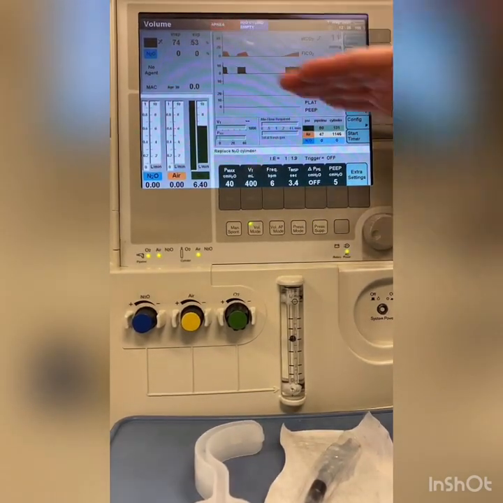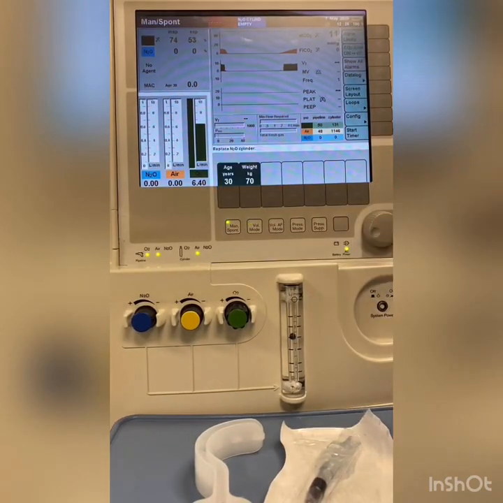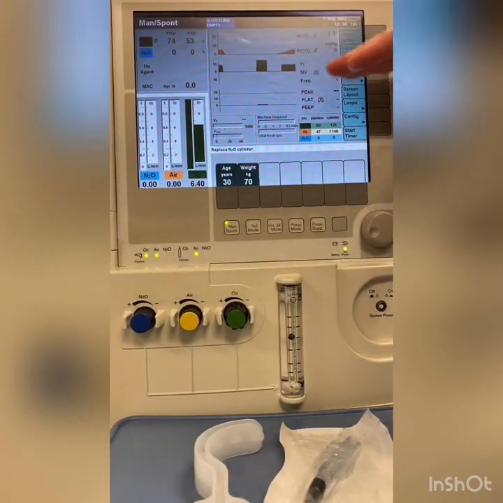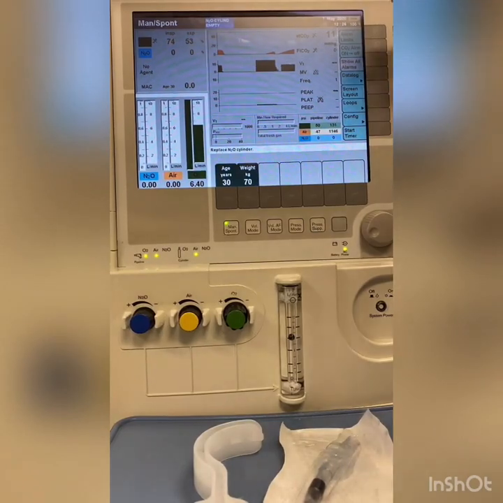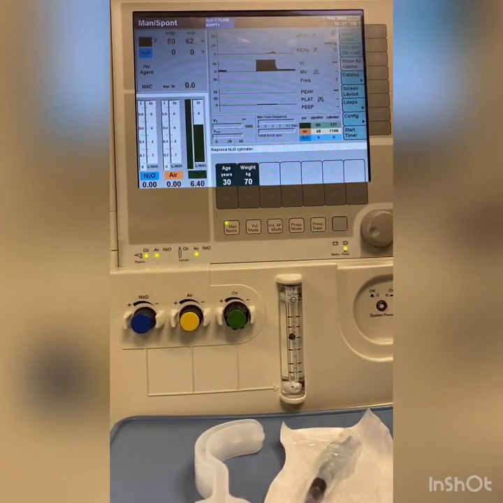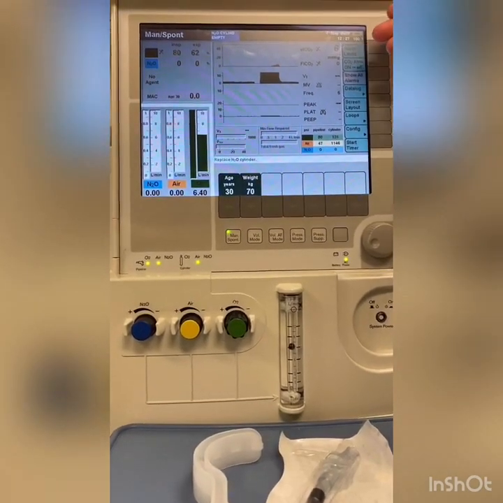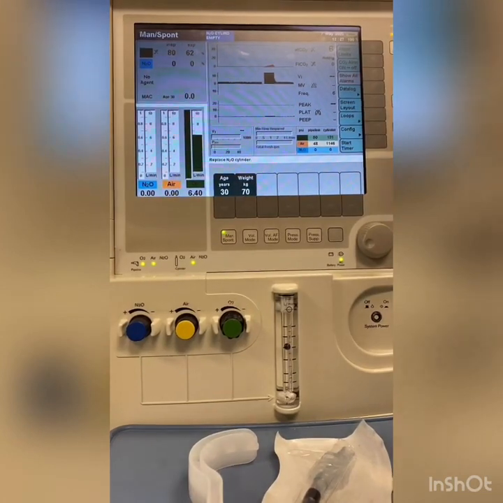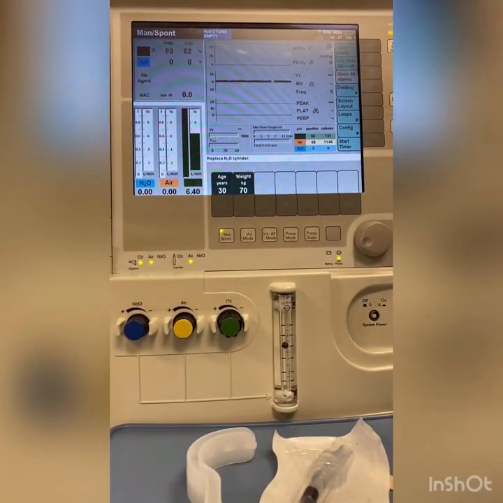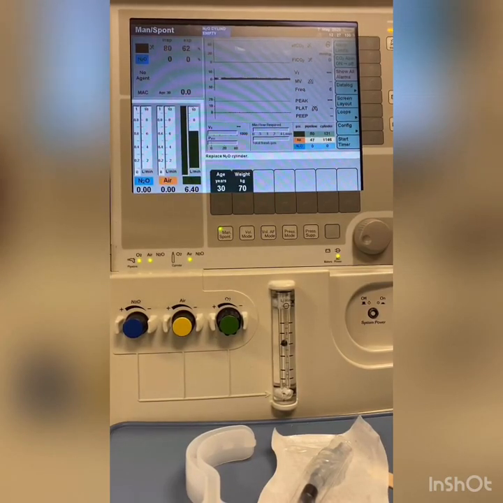When they start breathing on their own, we're going to go over to manual, and then we're just going to watch their tidal volume increase to where we want it. Textbooks say that we want 5 milliliters per kilogram, so at this we would want them to pull tidal volumes in the 350 milliliter range, and that would be one of our criteria for extubation.